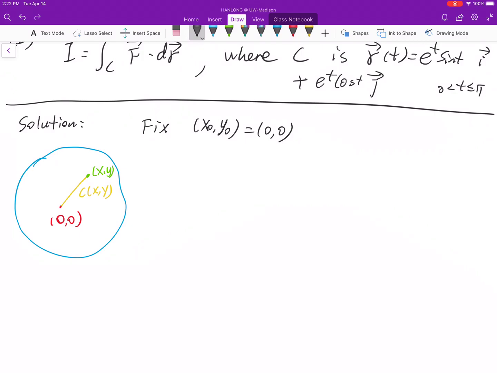Okay, so next we parameterize. Take C(x,y) to be (1 minus t) times (0,0) plus t times (x,y).